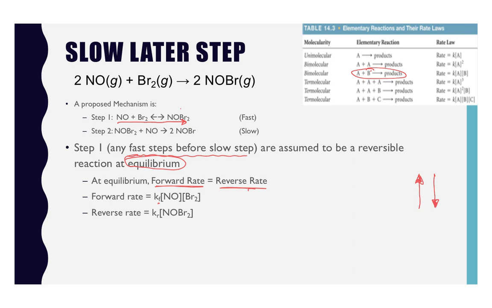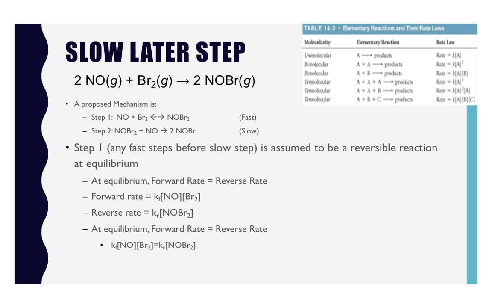The reverse reaction, coming back, the rate law for that is going to be some different constant for the reverse reaction, and this is a unimolecular reaction going to the products, so it's going to be k reverse times the NOBr2 concentration. If the forward rate equals the reverse rate, we can set these two things equal to each other. So the forward rate law of step one equals the reverse rate law of step one.